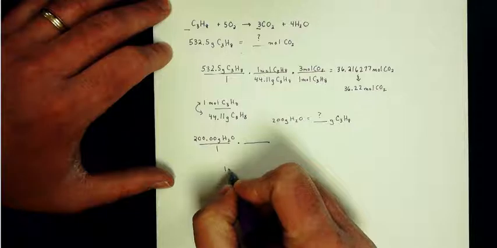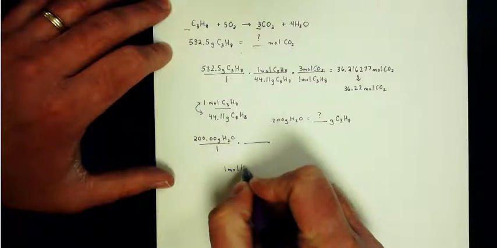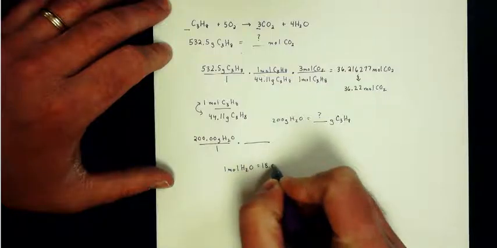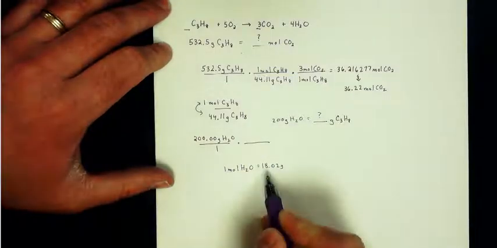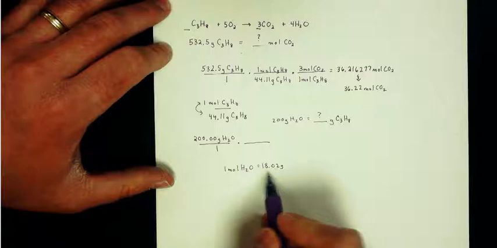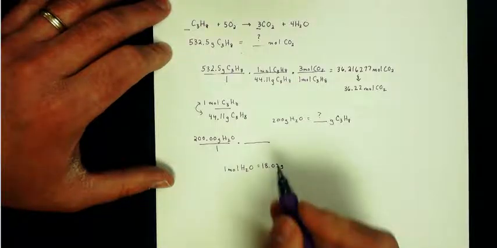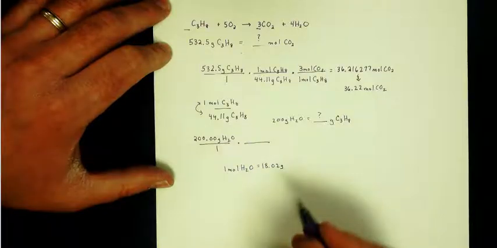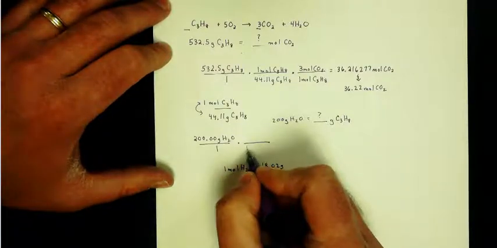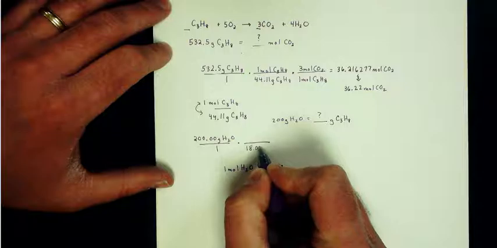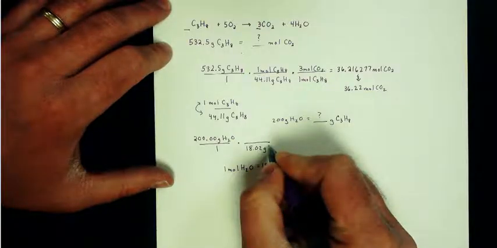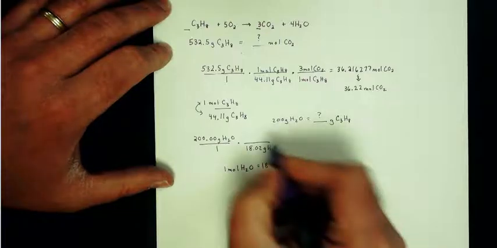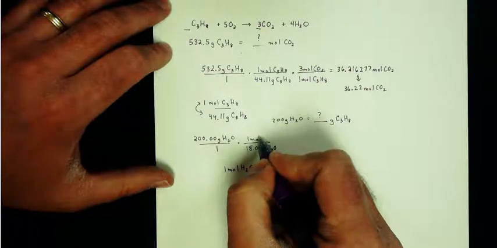1 mole of water is equal to 18.02 grams. And of course that conversion factor can be written with either one in the numerator or denominator. So because I've got grams of water in the numerator up there, I'm going to put my 18.02 grams of water over here in the denominator, and my 1 mole up in the numerator.